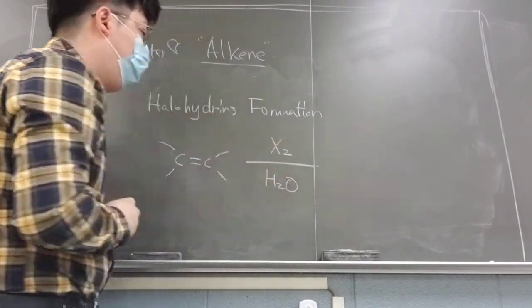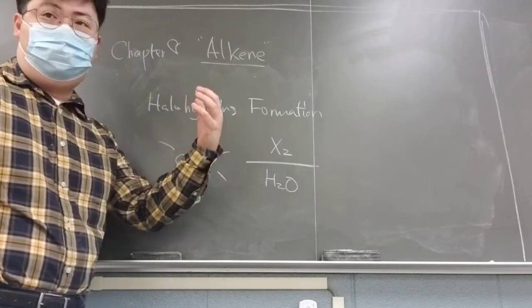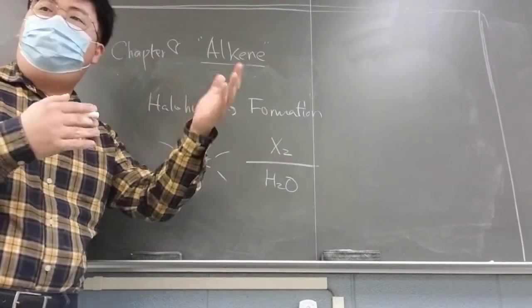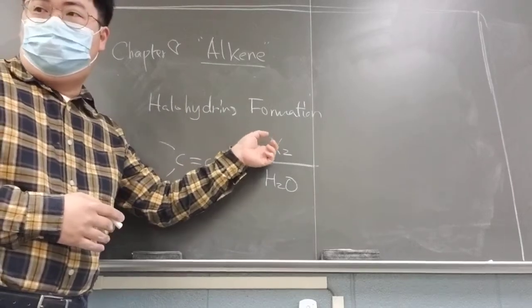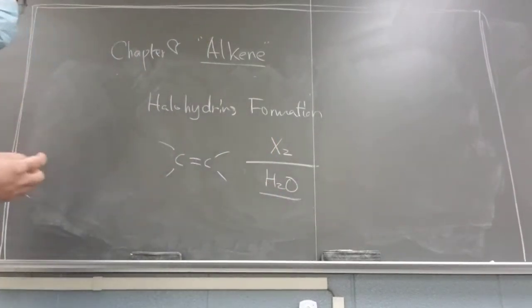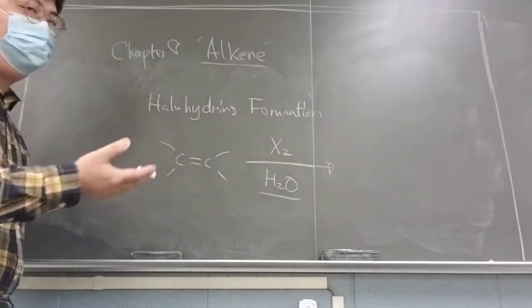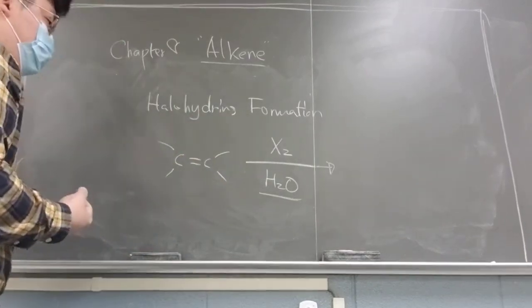Okay. So X2 over water simply means once again this X represents the halogen elements. So it could be, but maybe not so much with the fluorine and iodine, but bromine or chlorine. Okay. And then water over here. So it's pretty much the same. The reason why we did the halogenation first is because it shared a very similar mechanism to this halohydrin formation here.